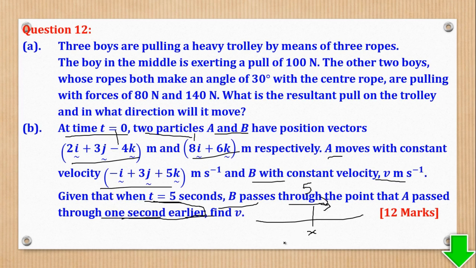What about A? They told us that A passed through 1 second earlier, meaning A will pass through this same point when t is 4, because it should be 1 second earlier. So this was the trick in this question, otherwise it would have been okay.